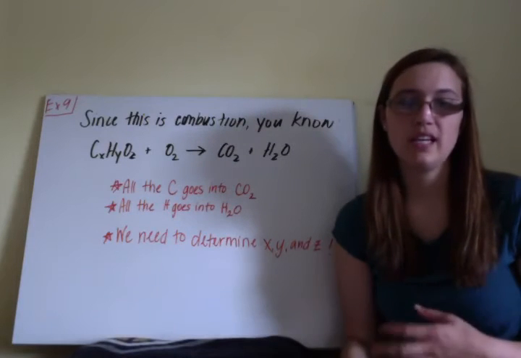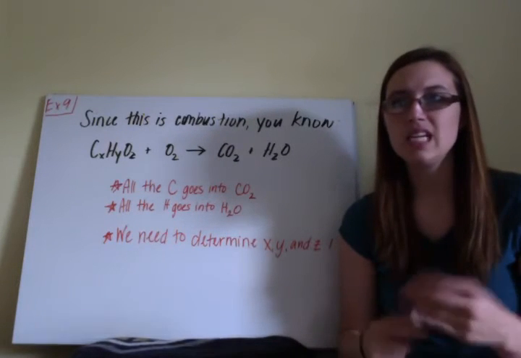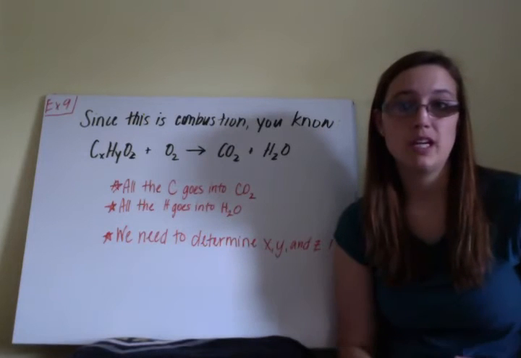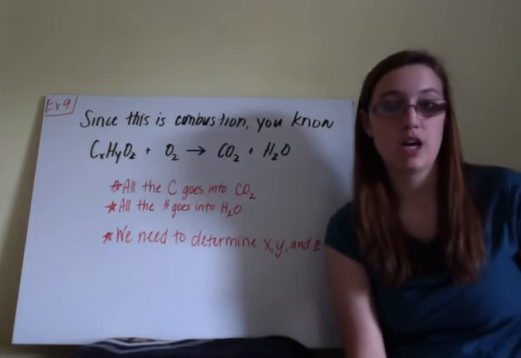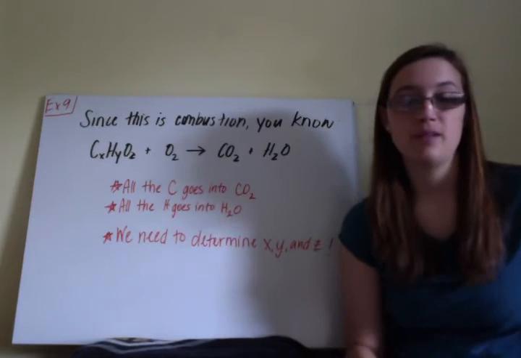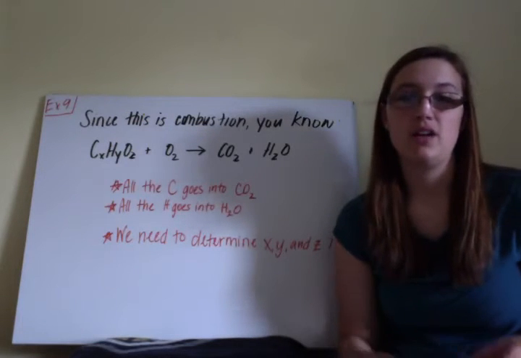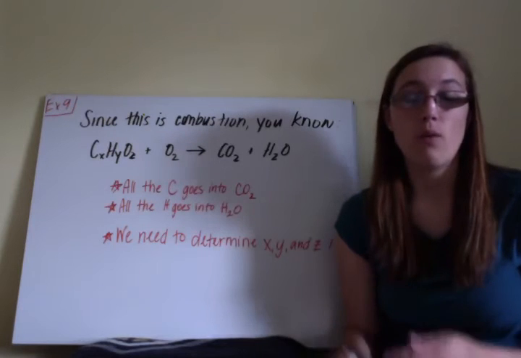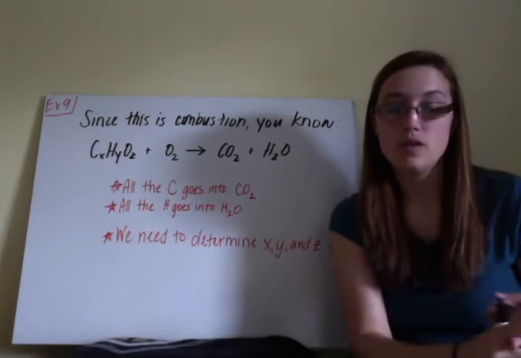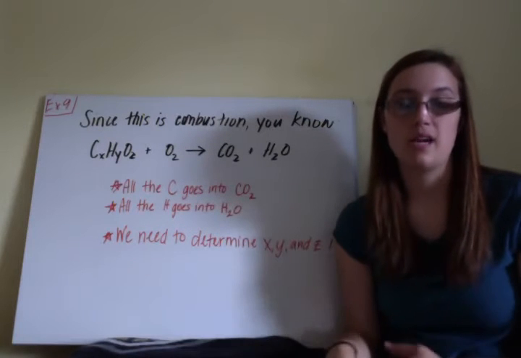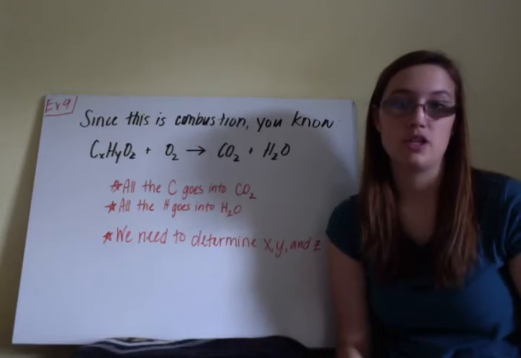So your thinking as you go through this problem is, first, you should use stoichiometry to find your grams of carbon that are in the carbon dioxide and your grams of hydrogen that are in the water. Okay? What we can do then is we have our carbon, we have our hydrogen. We can use those values along with the mass of our sample to figure out how much oxygen we have.